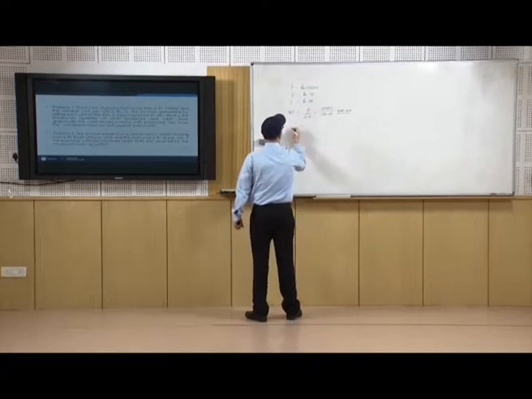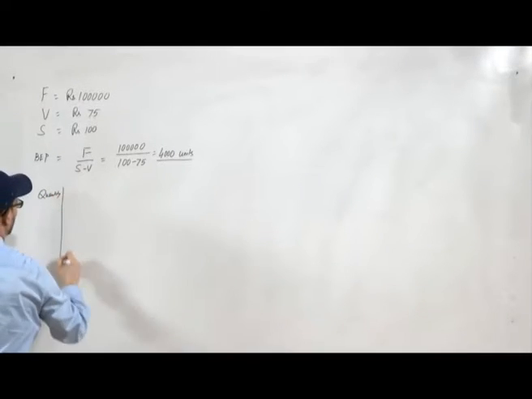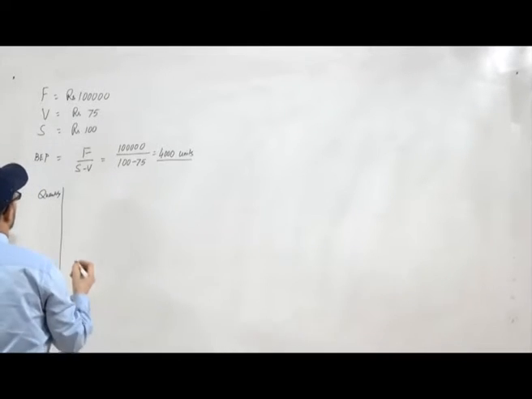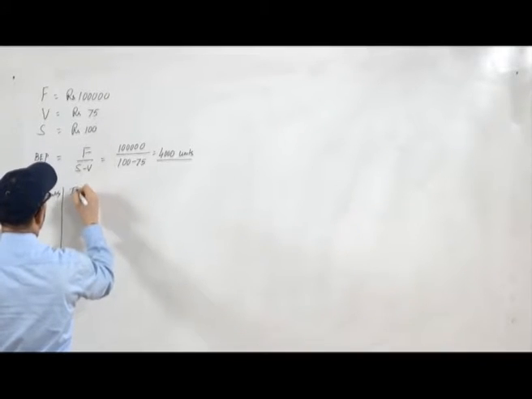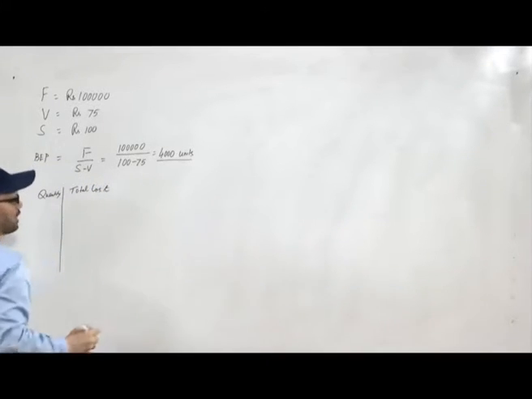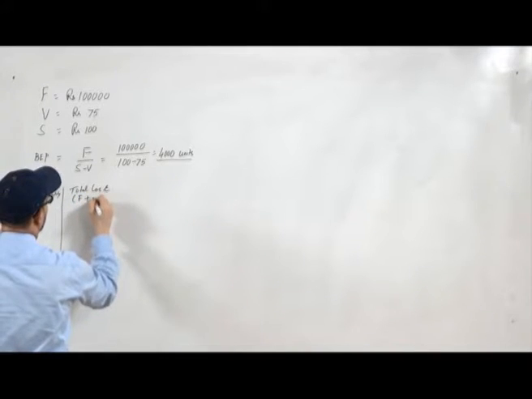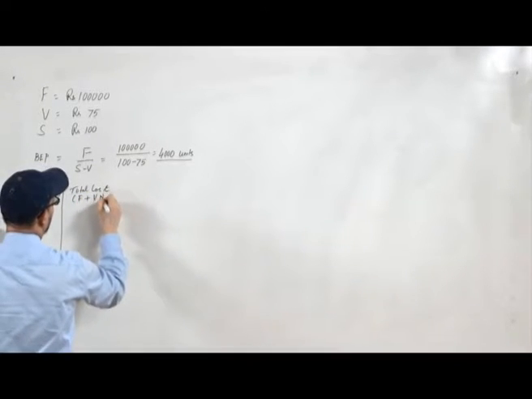So, let us see here the quantity produced and sold. You have total cost. Total cost is nothing but F plus V into N, if N is the quantity.